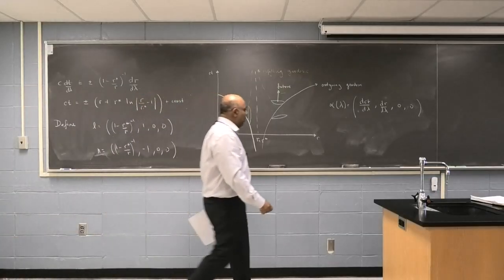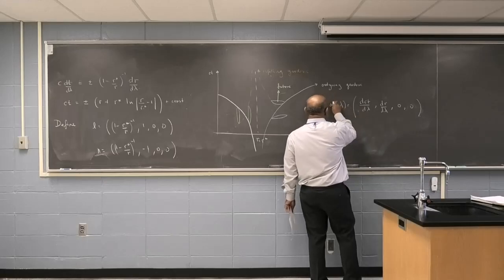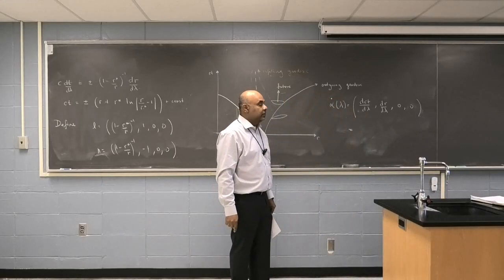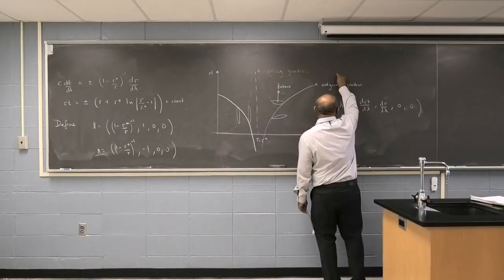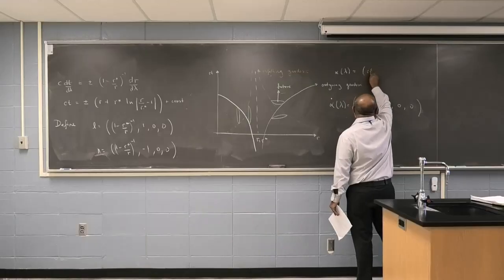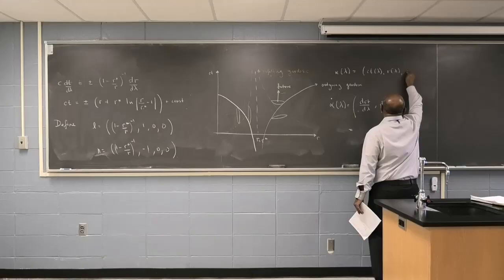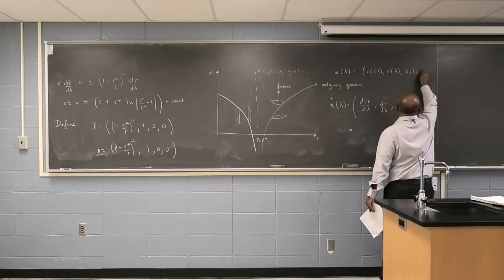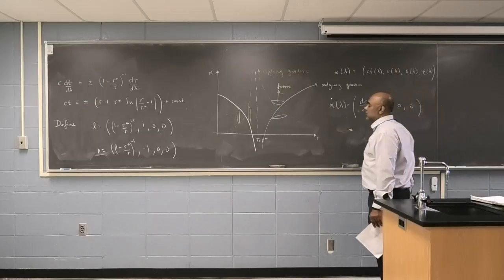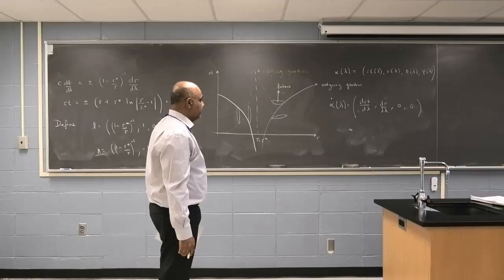So if I pick the outgoing vector, this is not alpha, but it's alpha dot. It's the velocity. Now alpha is just a curve. Alpha of lambda is ct of lambda, r of lambda, and in general theta of lambda, phi of lambda. For our case, theta dot and phi dot, by dot I mean with respect to lambda, is 0.